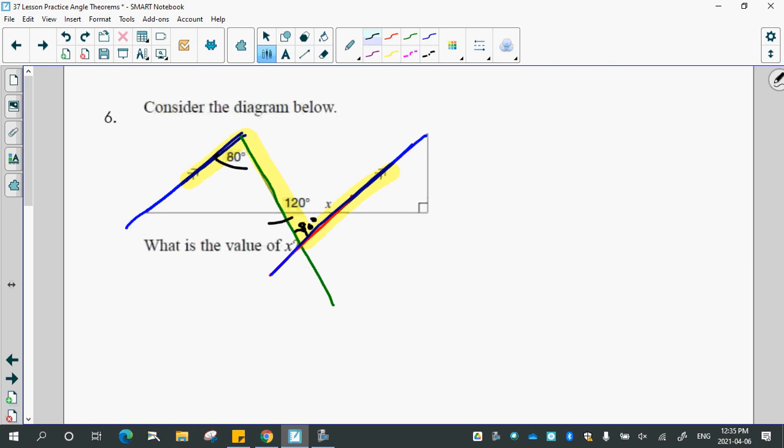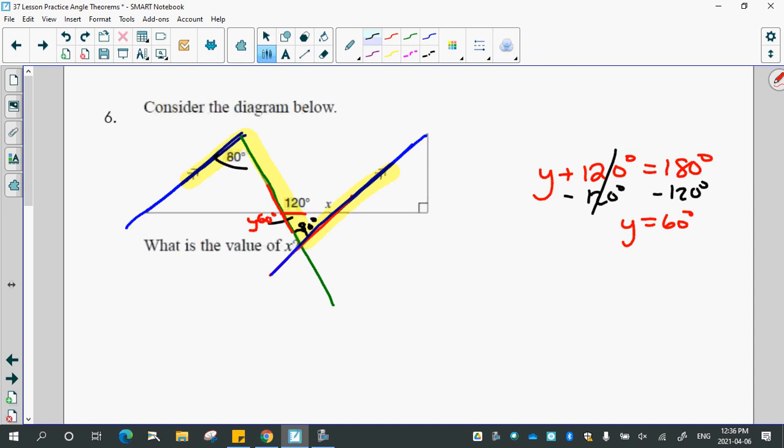Yes, okay. So there are parts of a straight line. There's 80. X is already used, so I can call that angle there Y. So Y plus 120 degrees adds up to 180. So you end up getting Y equal to 60. So now I know this one's 60 and this one's 80. How does that help me towards getting X?